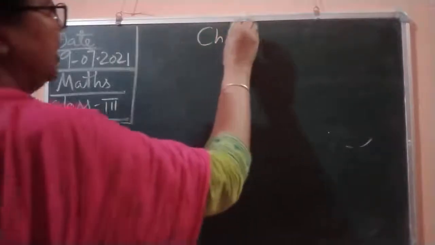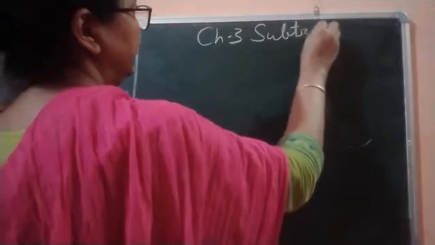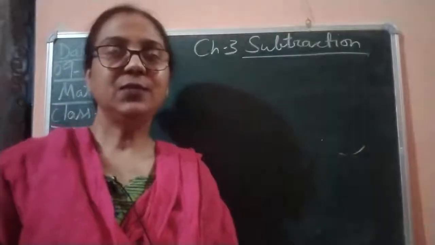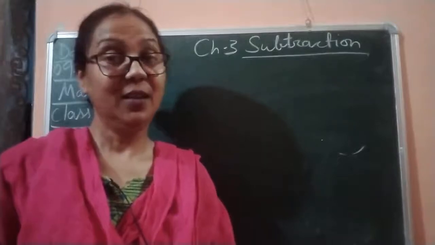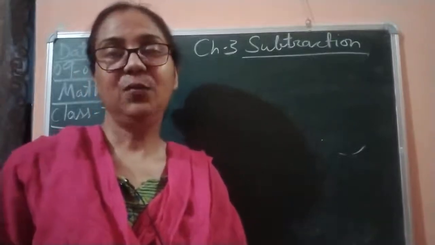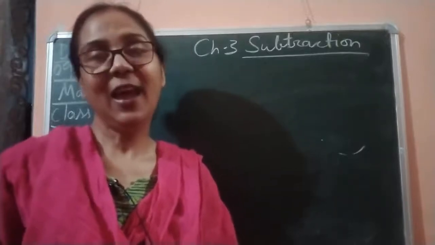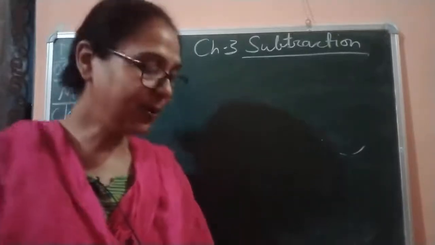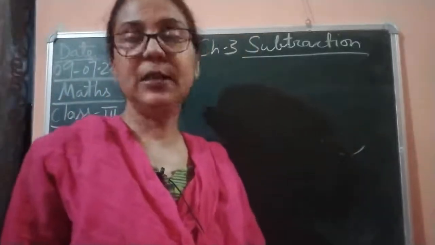As you all know, we are on chapter number 3, subtraction. Children, as we have discussed in addition also, we have created some word problems and written some problems in words. So as we are doing today also, it is your exercise number 3.6.